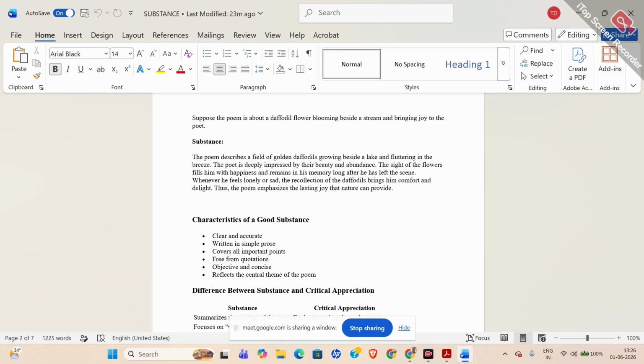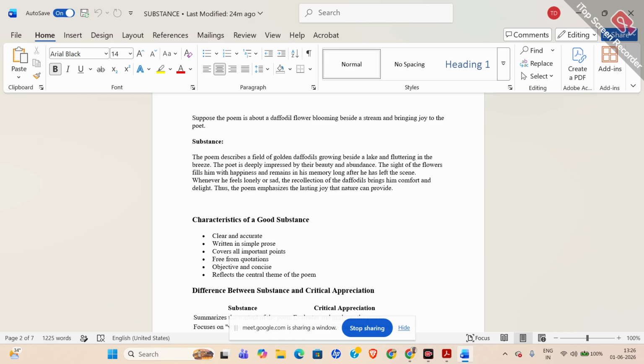Whenever he feels lonely or sad, the recollection of the daffodils brings him comfort and delight. So whenever he feels sad or lonely, he looks back to the memory. He tries to remember the images, the beautiful and soothing imagery of those daffodils. And it brings him comfort and joy.